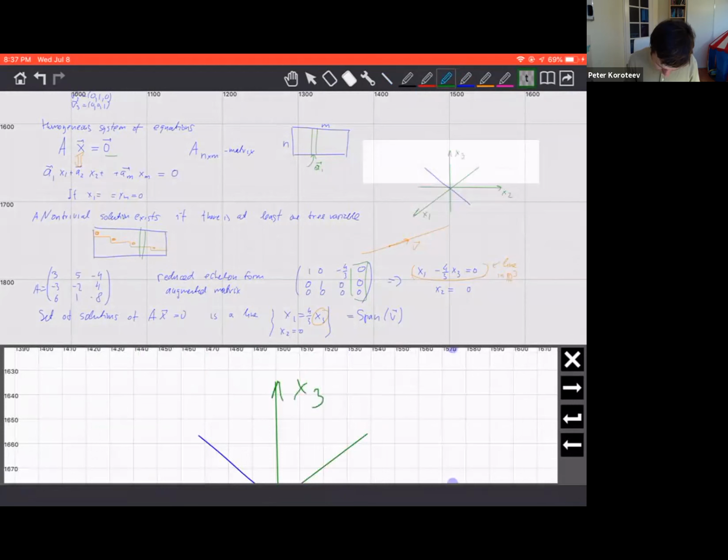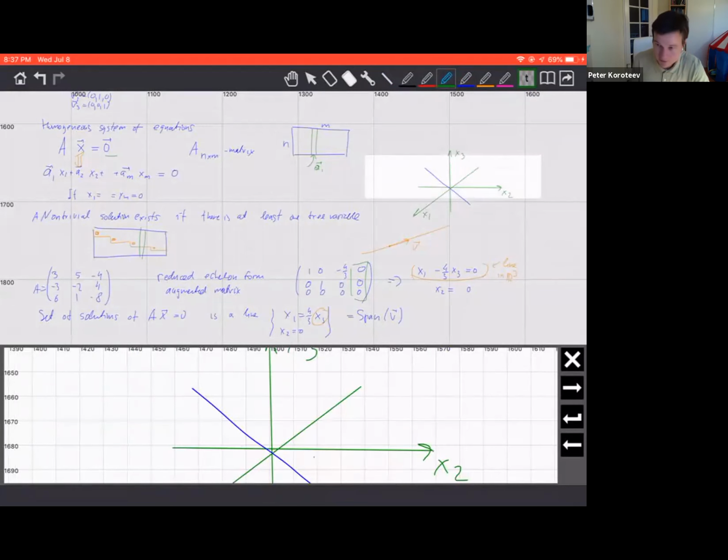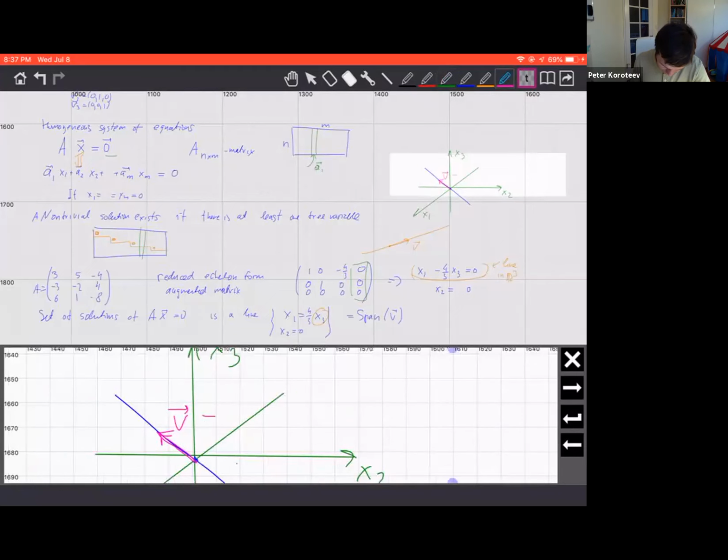So the last condition says that x2 is equal to 0. So the set of points live in the x1, x3 plane, and then the first condition says that x3 is proportional to x1. So there's a vector v here that goes along this line. And if you want, vector v has coordinates, what is it?